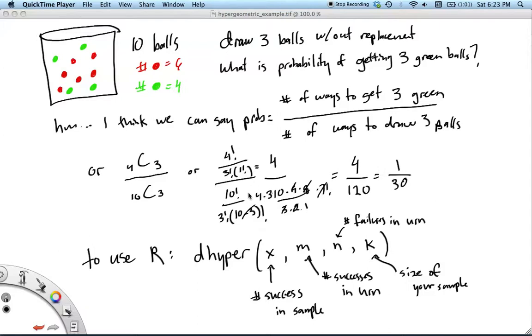Okay, so anyway, let's refresh what these are. It's just the number of successes in the sample. So in this case, there's 4 in the urn, and in the sample is 3. The number of not successes or failures in the urn, the red balls, are 6, and the size of the sample is 3.